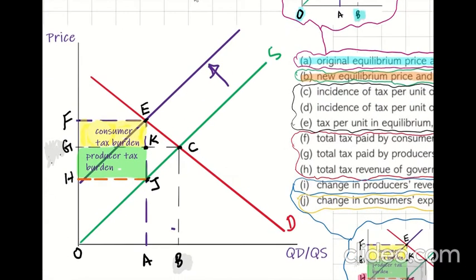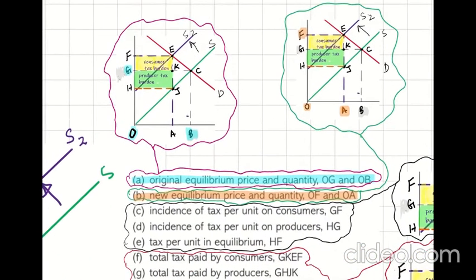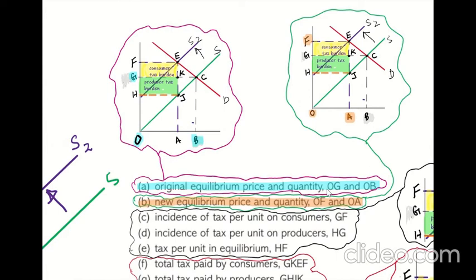Right, so I'm going to use the same diagram for further explanation of the same elements shown in this diagram. First step is to identify the original price and the quantity. Therefore, you can see 0G is the original price and 0B is the original quantity.